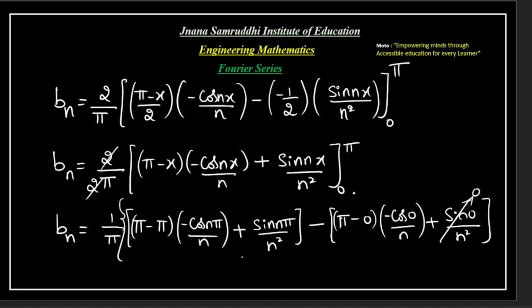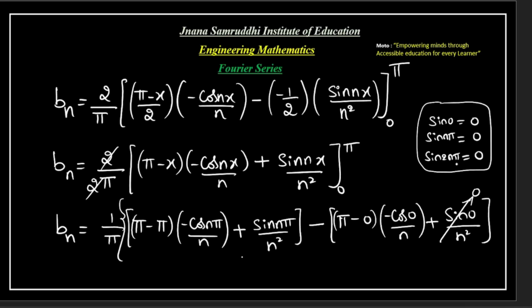Sin n pi, sin 2 n pi, sin 0 is 0. Sin n pi will become 0. Sin 2 n pi will become 0. The whole sine term will become 0. The only remaining here is pi minus pi, again this also will become 0. The remaining part is this.